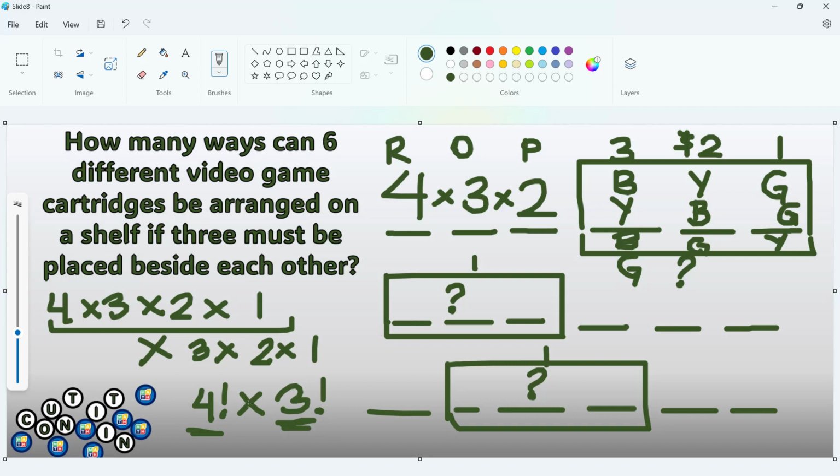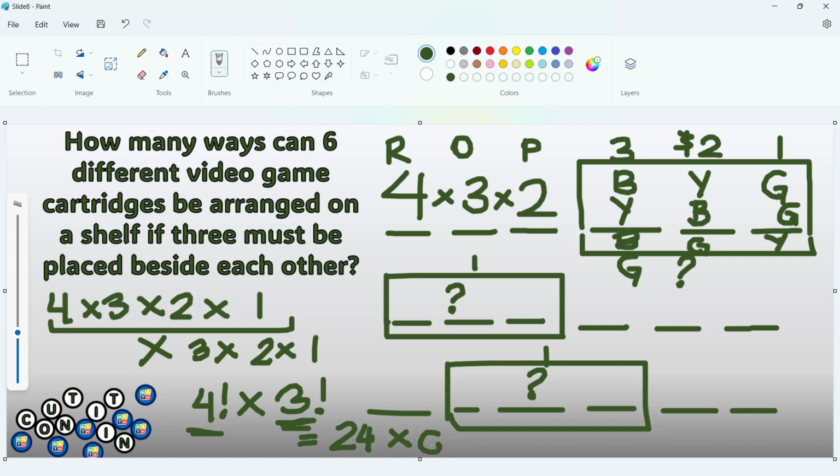So if you have this, you have 4 times 3 times 2 times 1. That's actually 24. That's 24 times your 3 factorial, which is 3 times 2 times 1, which is just 6.